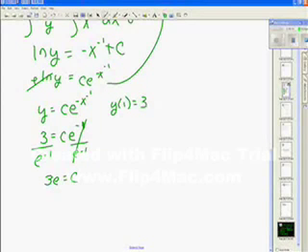You have to remember e's a number, it's not a variable. Sometimes we look at that and we're like, there's an e in there. Yeah, e's like pi. It's a number. Okay? So I've got c. There's my c. Plug it in. I get y equals 3e times e to negative x to the negative 1.